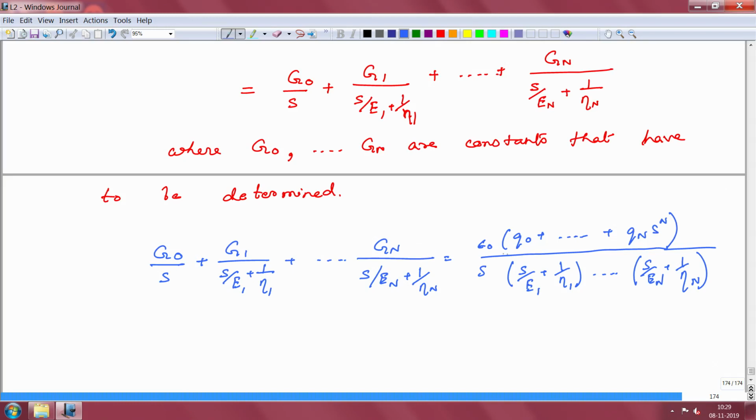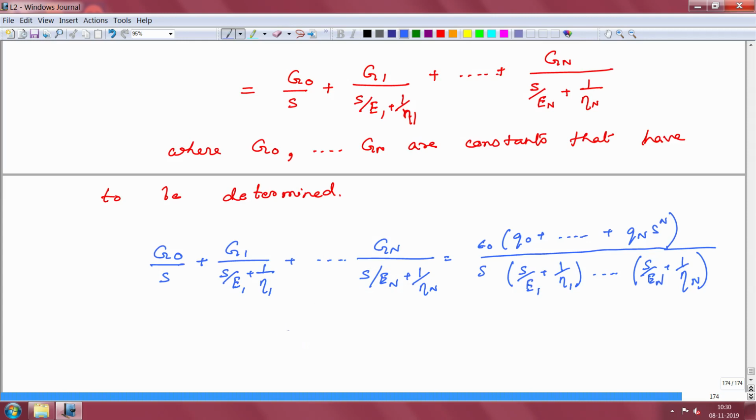You will equate all the coefficients for the different powers, and from that you will be able to determine all these different constants. The different powers will give you n plus 1 independent equations, and you have n plus 1 unknowns. So, you can solve for them.